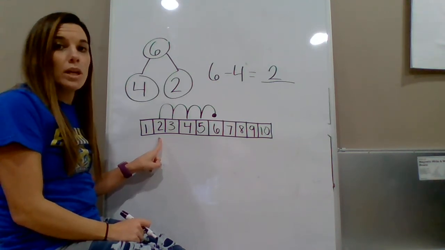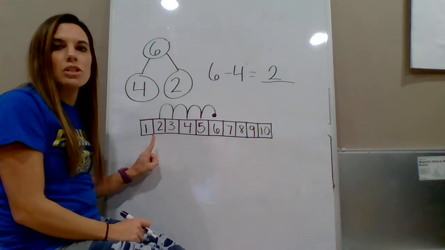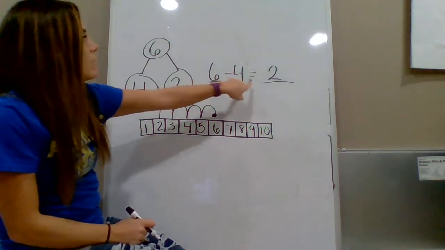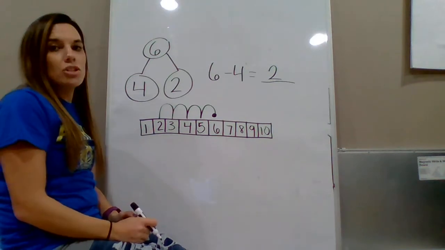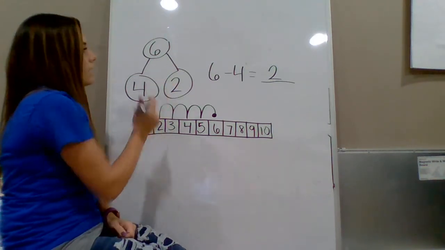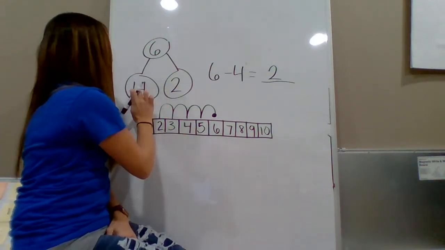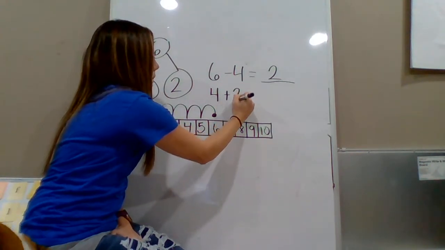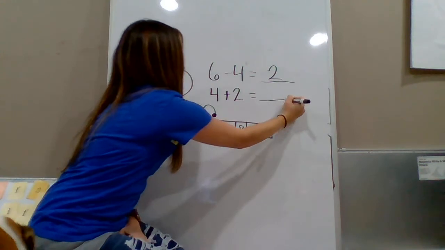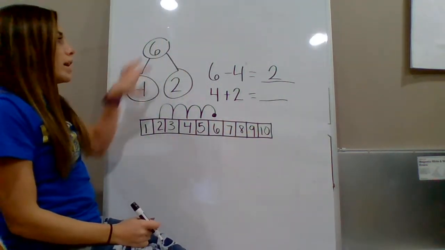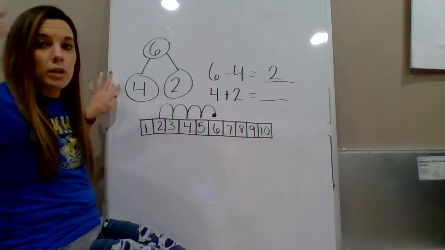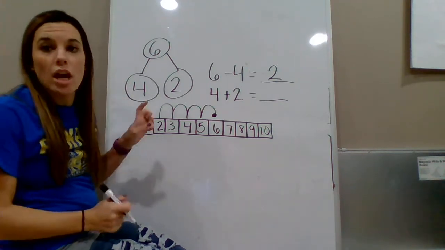Now, I'm going to show you how to check your work, okay? So, if we have 6 minus 4 equals 2, let's check our work and let's create an addition sentence. Let's start with the 4. We're going to use our number bond for addition to check our work.